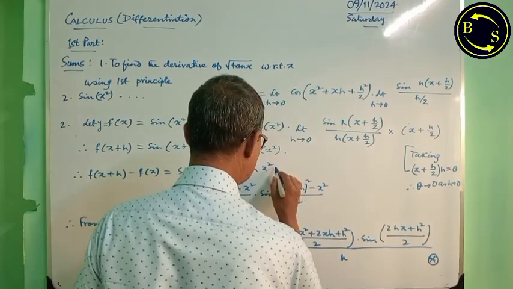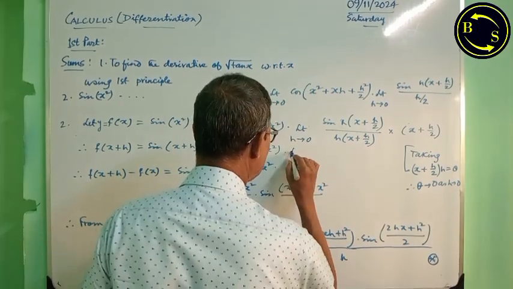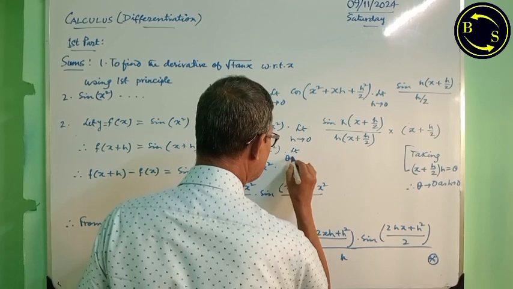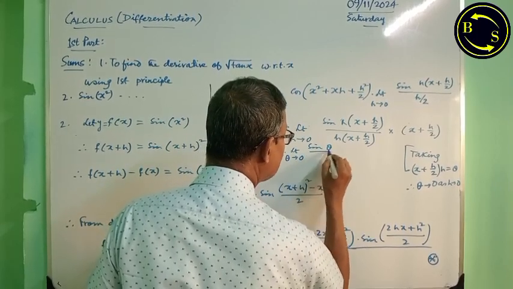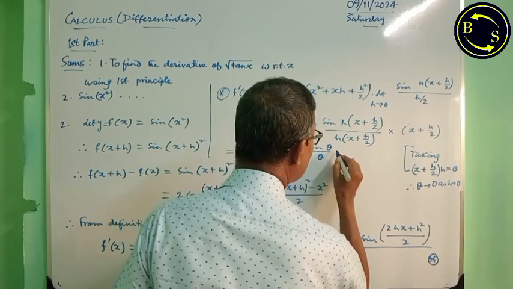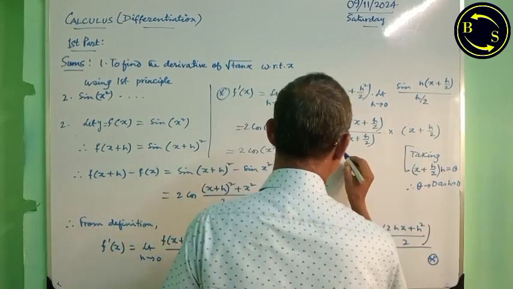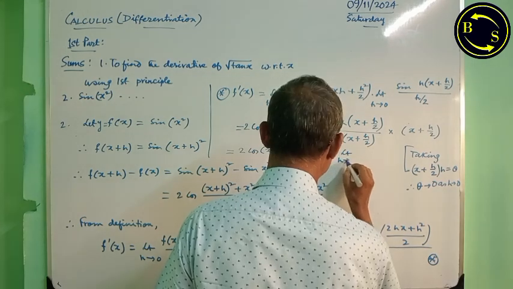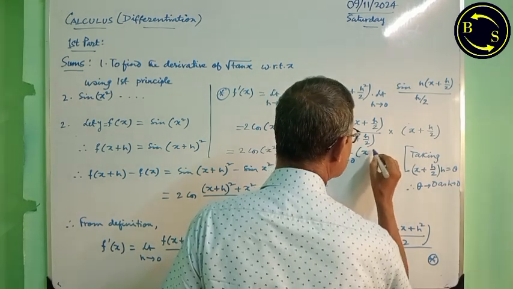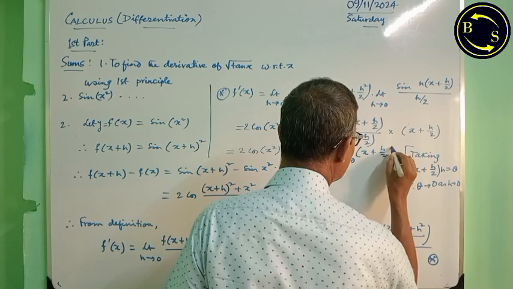Therefore this becomes limit theta tends to 0 sine theta by theta into, where we can apply the theorem, limit h tends to 0 (x plus h by 2).